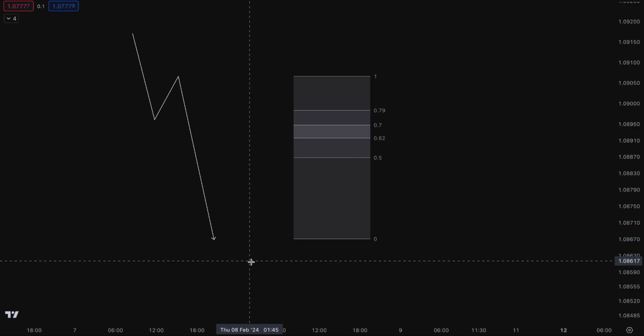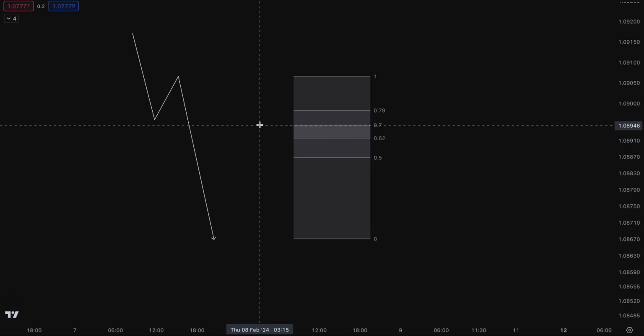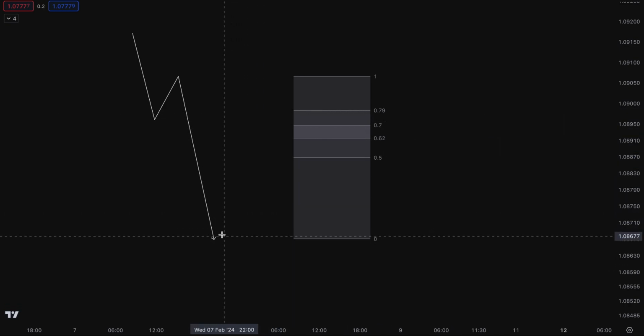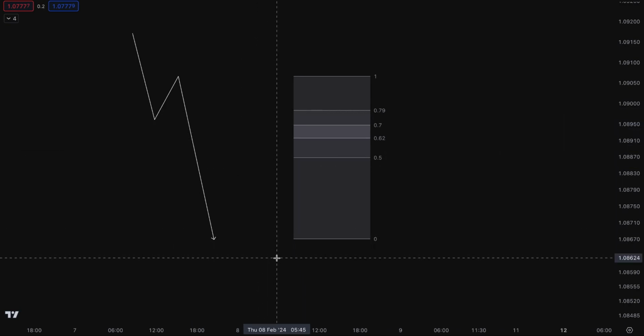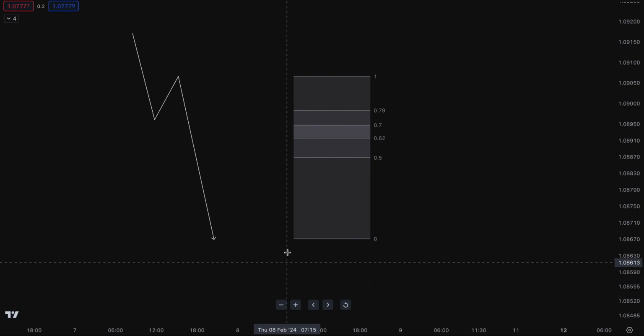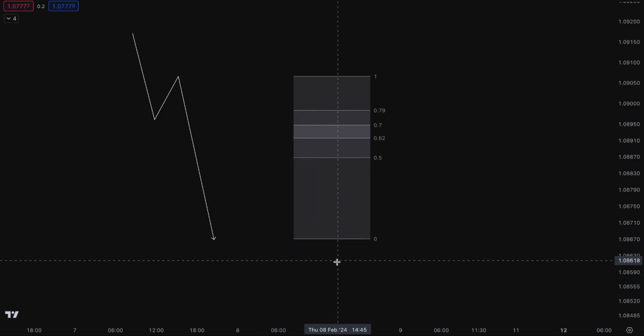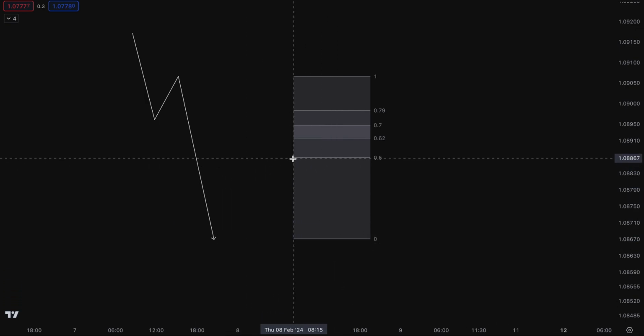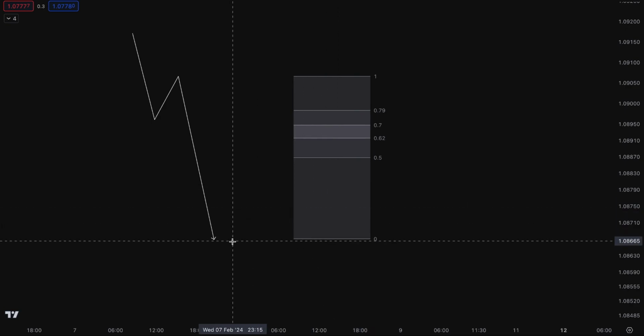If you want to sell, you would only look for selling opportunities in the premium area because you want to sell high and buy back at a lower price. In a bullish scenario, you would only want to look for buying opportunities in the discounted area because you want to buy at a cheap price and sell at an expensive price.